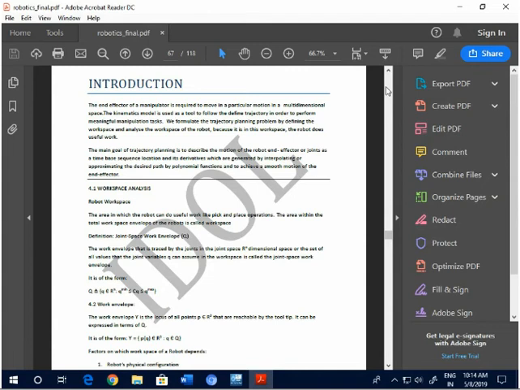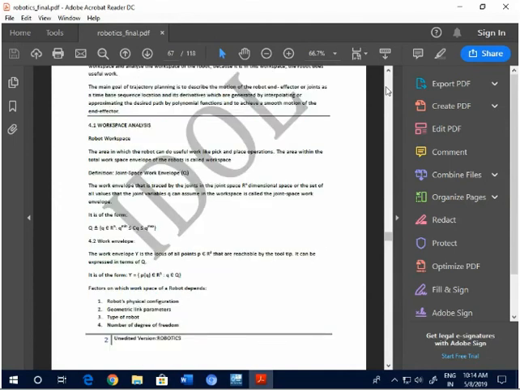So, what is a robot workspace? As it is written, the robotic manipulator consists of arm and base and end effectors, and it is used to do useful works like drilling, painting, etc. Now, this useful work is done in the particular workspace of a robot. So, if you want to define workspace, what will be workspace for you?